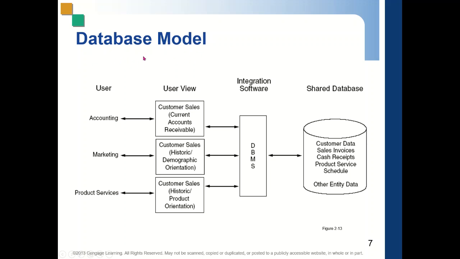In the database model, you have a single place where all the data is stored, and that data is managed by a piece of software referred to as a DBMS, a database management system. So now all the departments, all the users have access to the same data. So when accounting makes an update, the data is updated. And when marketing runs a query against the database, that update is visible even to them.